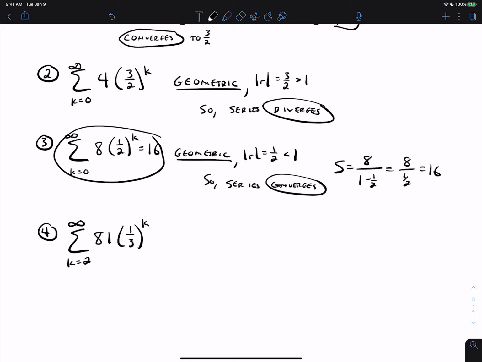Okay, so this problem starts just like the others. This is geometric. The absolute value of R is 1/3, which is less than 1. And so then the series converges.